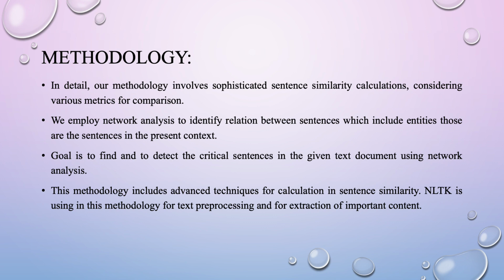Mainly, our methods involve calculating the similarities between the sentences and various comparisons. Not only that, we are going to use network analysis to identify the relation between the sentences and to detect the critical sentences or complex ones, or which can be identified more easily. And then we are going to do text preprocessing and extract the important content from the given data.